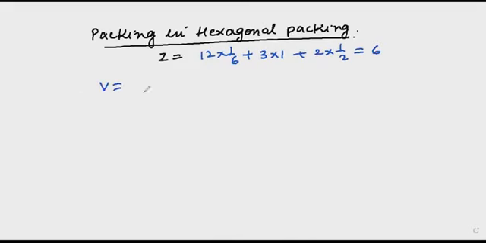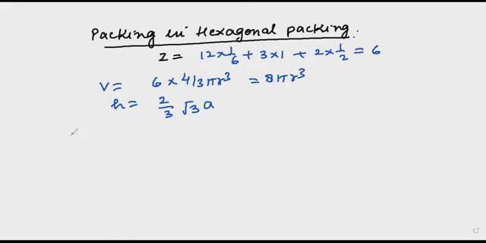Volume, you always remember, is Z into 4 by 3 pi r cube. So this is coming 8 pi r cube. Clear? Height of that one is actually 2 by 3 root 3a. You must remember, no need to calculate.